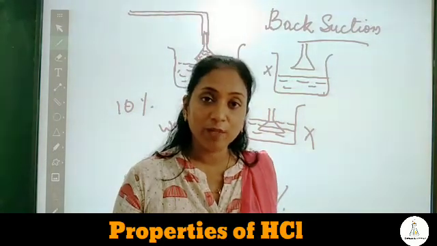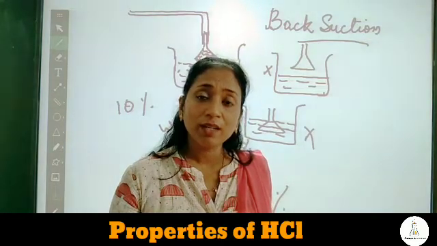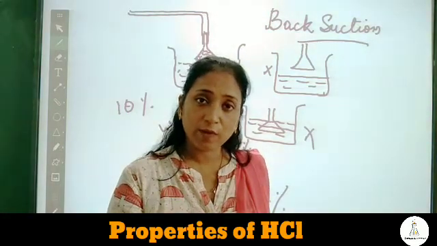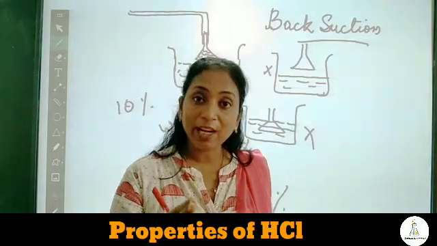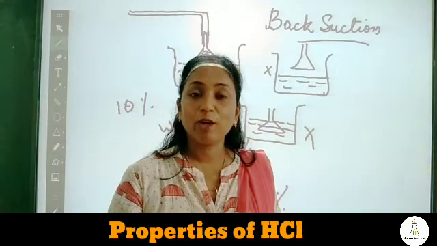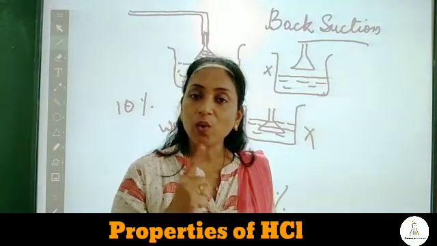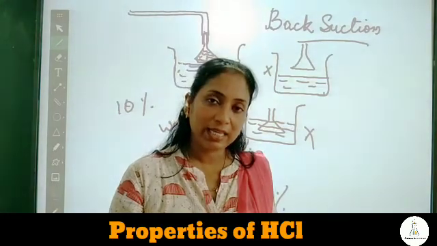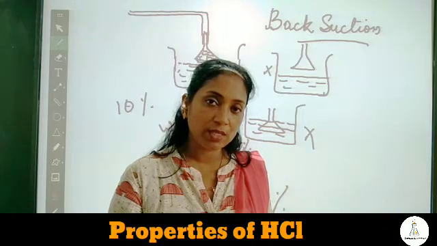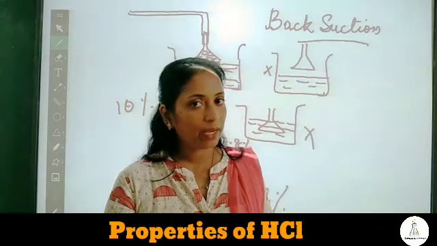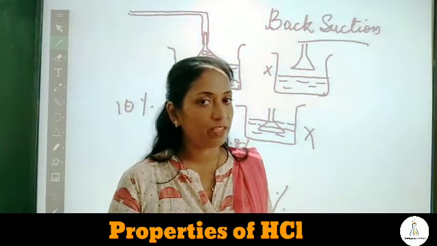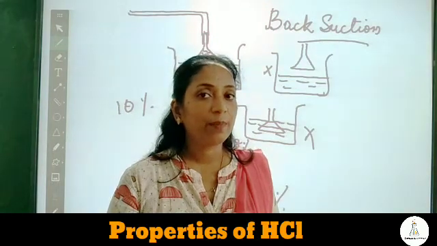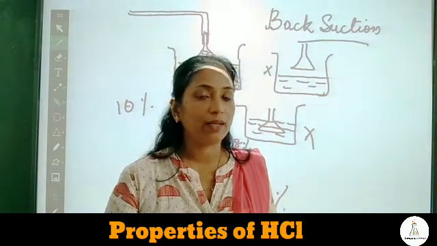No change in the color of the blue litmus paper, because though a solution is formed in toluene, hydronium ion is not there because of the absence of water. Only in the presence of water will HCl, hydrogen chloride gas, produce hydronium ion, and hydronium ion is the reason for all acidic properties. So we need water.